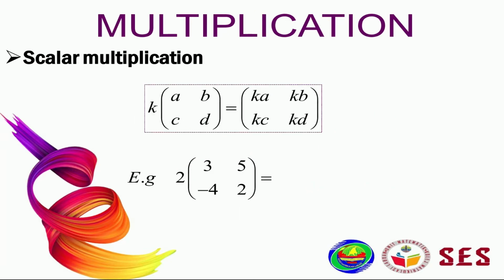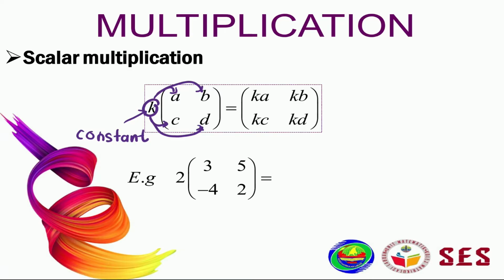Okay, next we go to the multiplication. The first multiplication that we have to learn is scalar multiplication. Basically, if we have k, where k is a constant, and multiply by a matrix, then we just multiply k to all elements in the matrix.